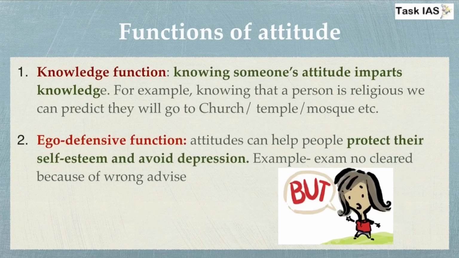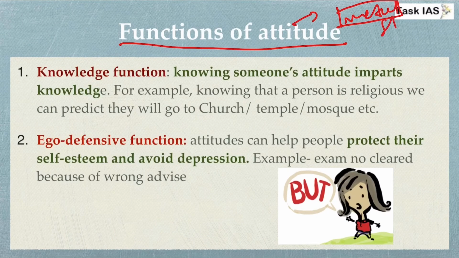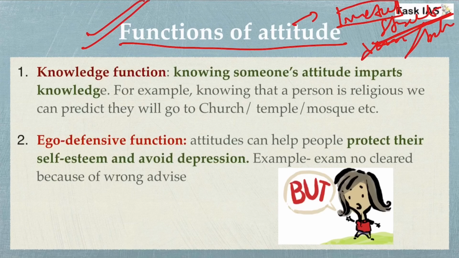Now functions of attitude. This is part of our internal, mental structure, that helps in deciding some decisions or behavior in a particular way. Thus attitude has some functions. Firstly, knowledge function. If we know someone's attitude, then we can guess what his behavior or action should be in those circumstances.